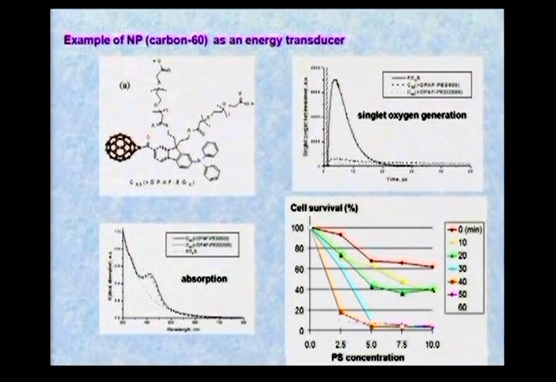This shows that they do generate singlet oxygen, and this shows that you do get light and drug dose-dependent cytotoxicity. So it is a valid approach. They have certain advantages and disadvantages, in that buckyball absorption is relatively short wavelength, and it's difficult to push it out much, but there may be applications, as you heard this morning, where the short wavelength is actually an advantage.